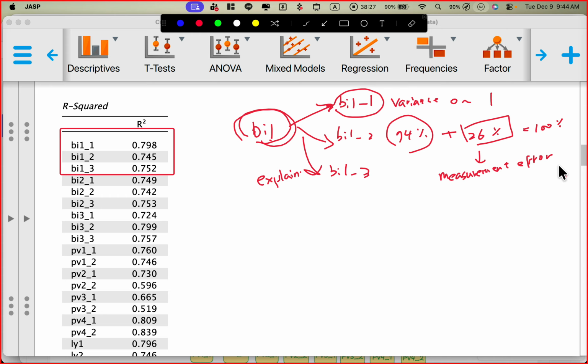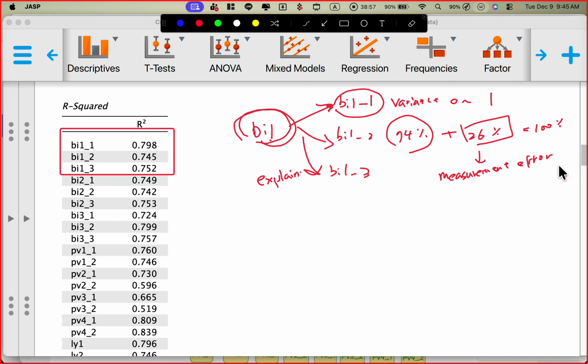What does that mean? Of course, we expect the value close to 1, but what does 79% mean? It means this model can explain the variance of y.